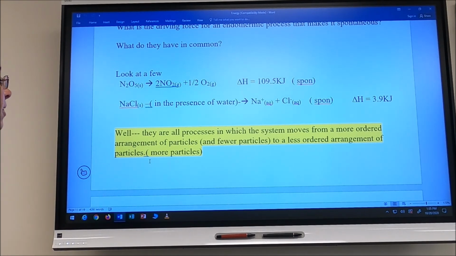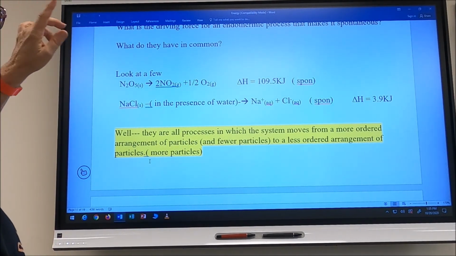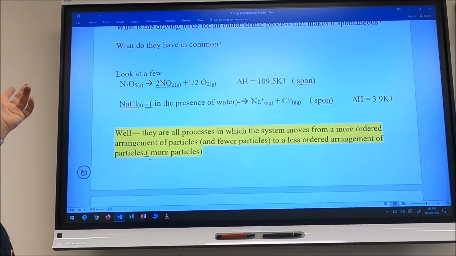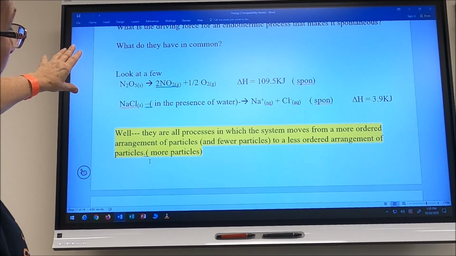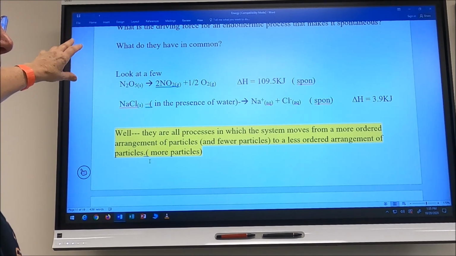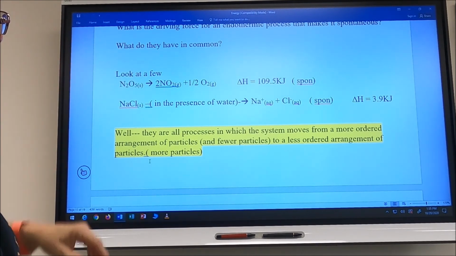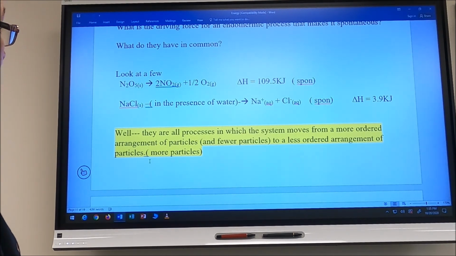What we see about these processes is they move from a smaller number of particles to a larger number of particles, and from states where things are very locked down and there's very little movement to states where there's a lot of movement. So all the processes in which systems move from a more ordered arrangement to a less ordered arrangement, even though they were endothermic, were spontaneous.